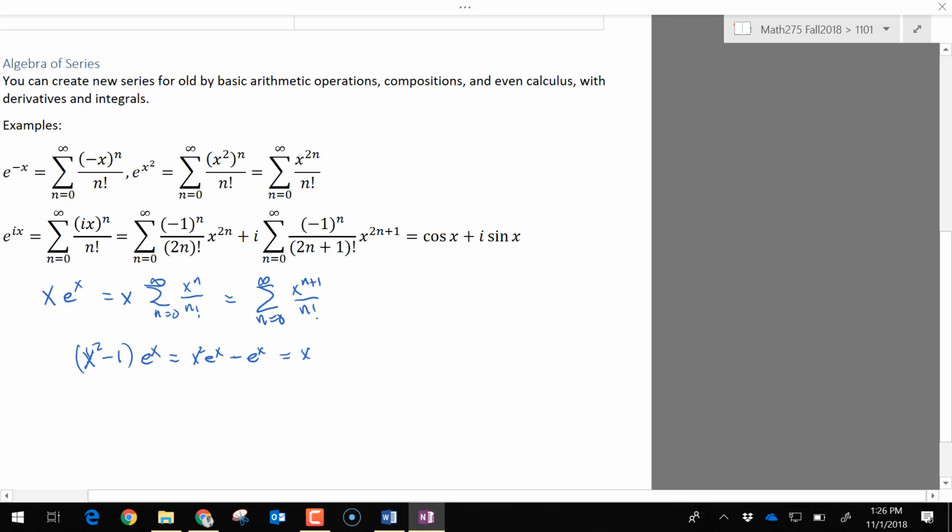So that's x squared times the sum of x to the n over n factorial, minus the sum of x to the n over n factorial. So this will end up being what? x to the n plus 2 over n factorial.